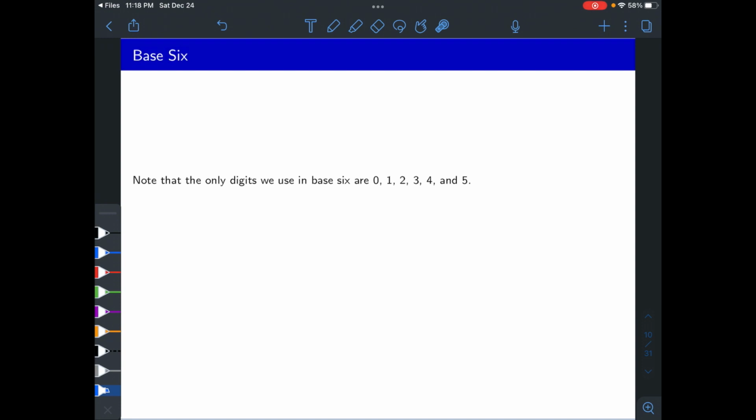Note that the only digits that we use in base 6 were the digits 0 through 5. So if I were to write something like 2, 1, 5, 6 base 6, this doesn't make sense.